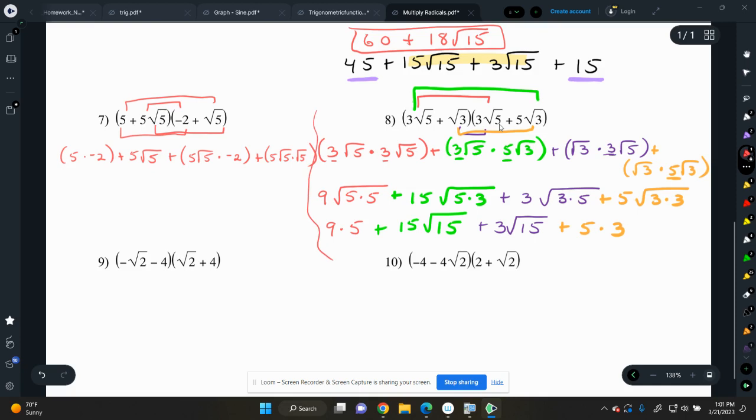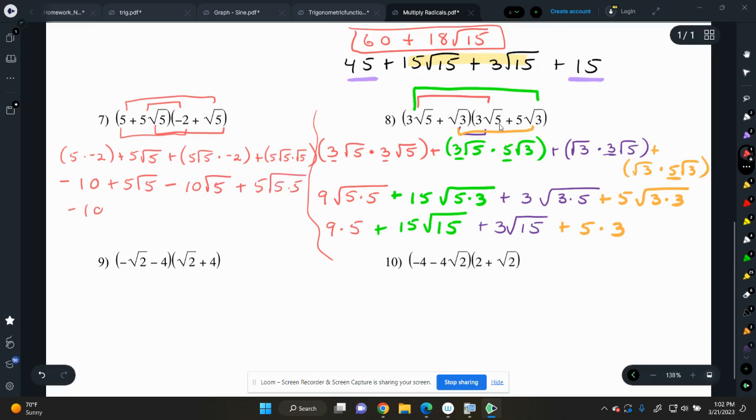So this gives me negative 10 plus 5 square root of 5, and this is going to be a minus 10 square root of 5 plus 5 square root of 5 times 5.